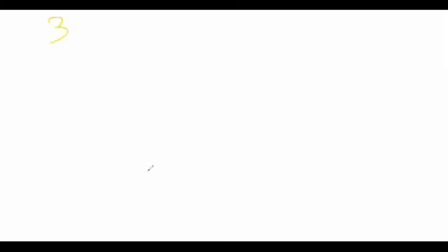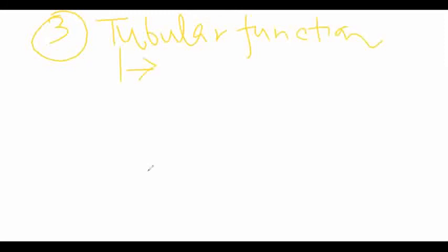The third important factor that you need to assess is the tubular function. Tubular function assessment can be done by the specific gravity check.